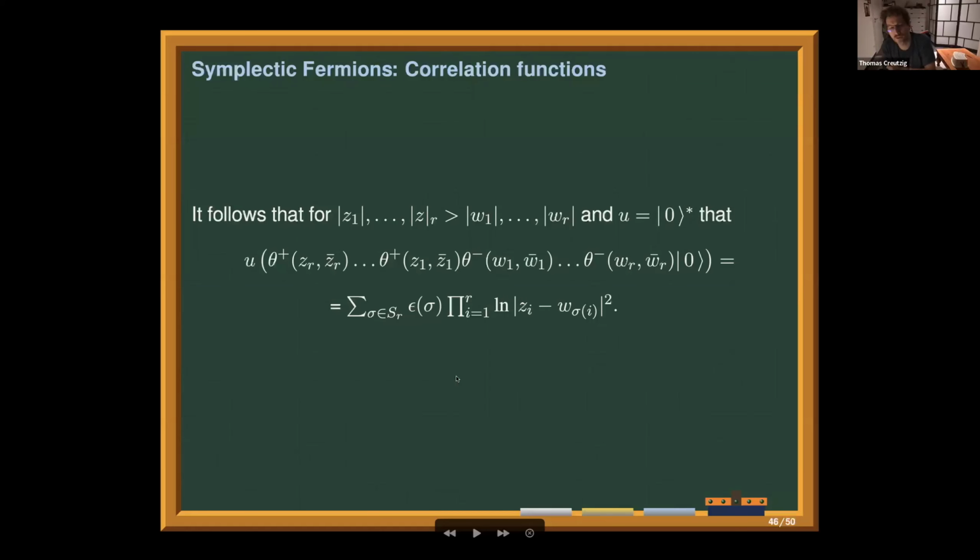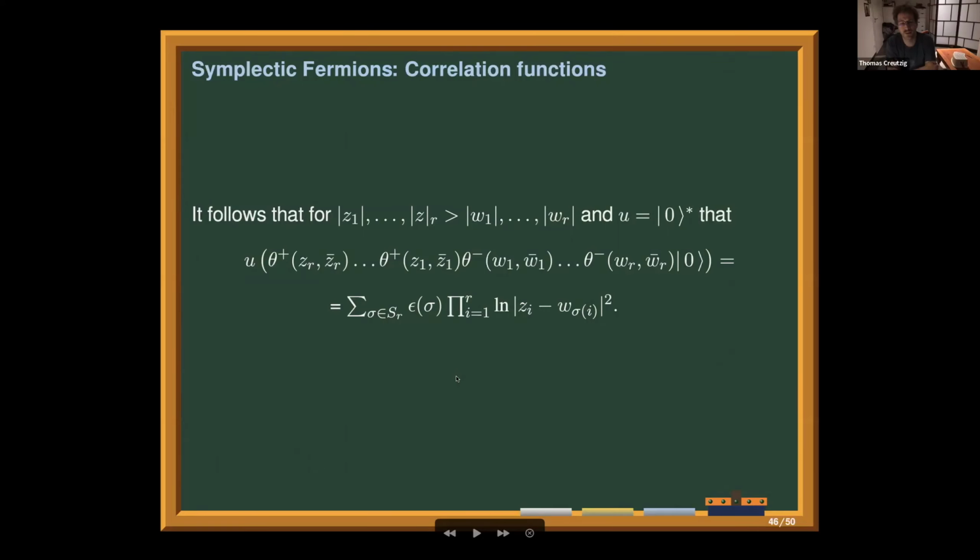If one does the combinatorics correctly, one gets one expression for every permutation of half the number of insertion points assigned to the other half, because of the oddness, the super part: every swapping of order produces a minus sign, and then you get a logarithm for every contraction.